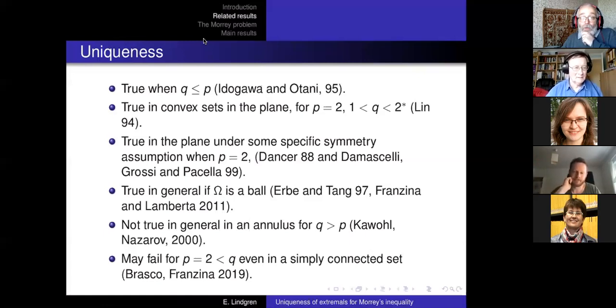In the 1D case, there is uniqueness. But for some complicated domains, for example, in the annulus, you will not have uniqueness.